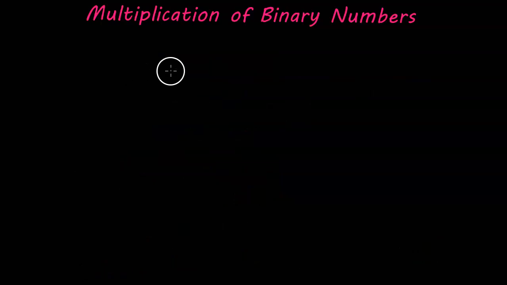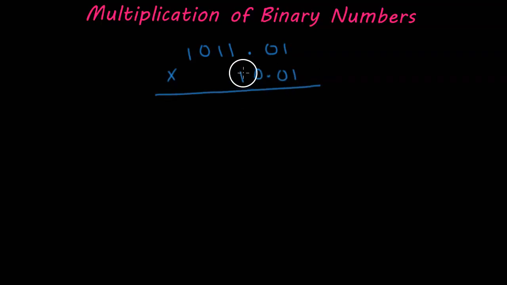So let us multiply with a decimal point. So we have 1011.01 and we multiply this with 10.01. On the very first step, when we multiply, let's forget the decimal point and just multiply as you usually do. For the first multiplication, on the very first unit, we have 1.